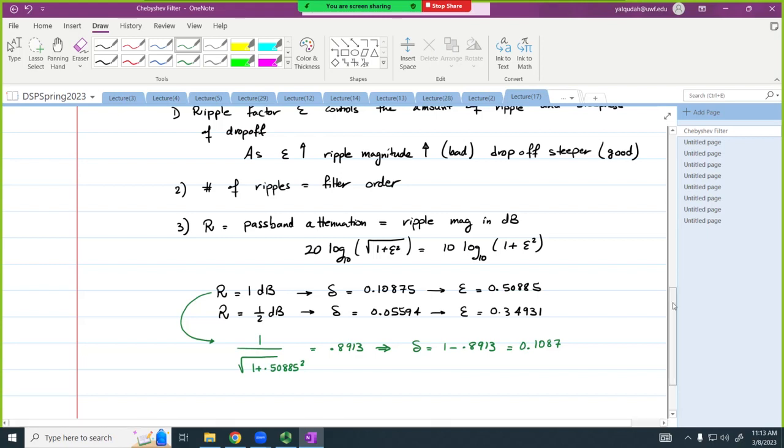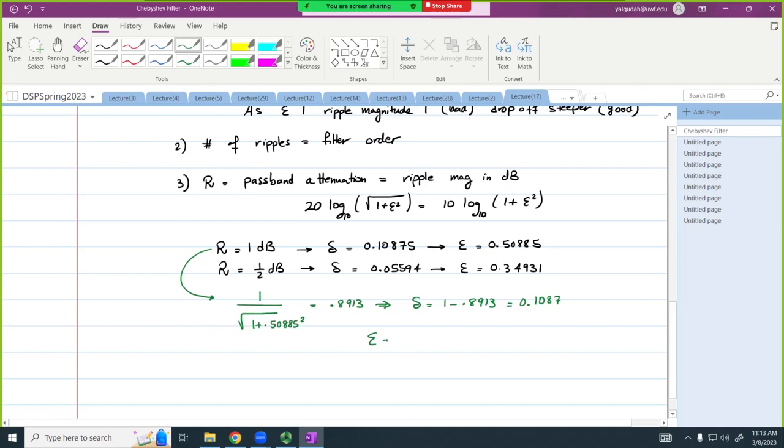And epsilon is equal to the square root of 10 to the power of R over 10, minus 1, which is going to equal 0.50885.